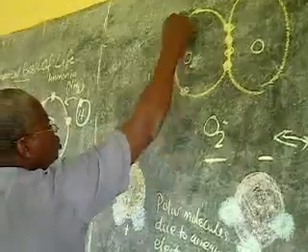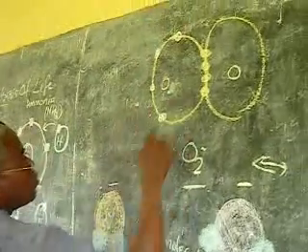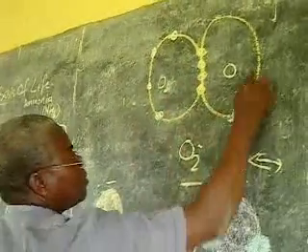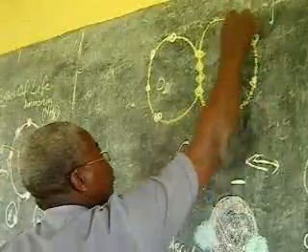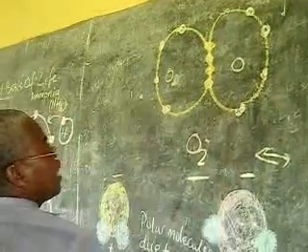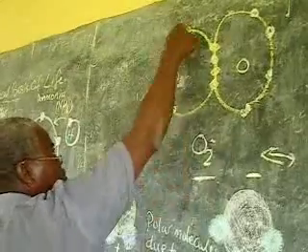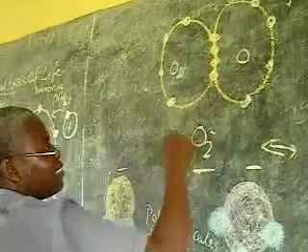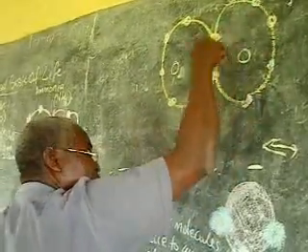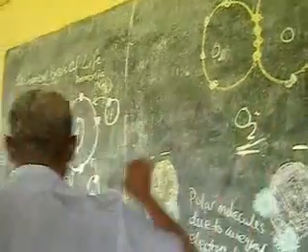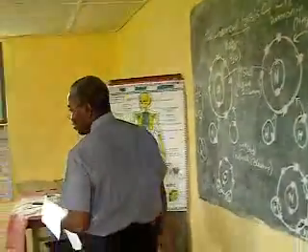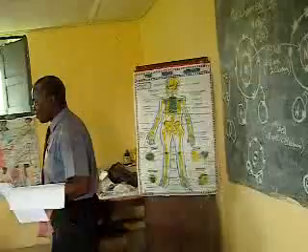1, 2, 3, 4, 5, 6. 1, 2, 3, 4, 5, 6. Right? So when they share together, this one will have 1, 2, 3, 4, 5, 6, 7, 8. So they will be stable. You see the trick?